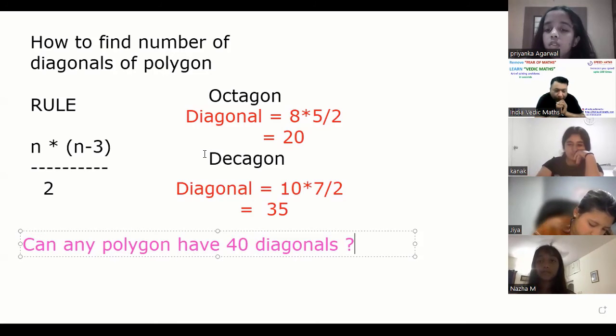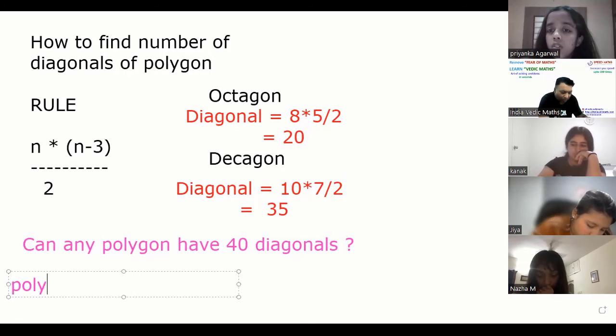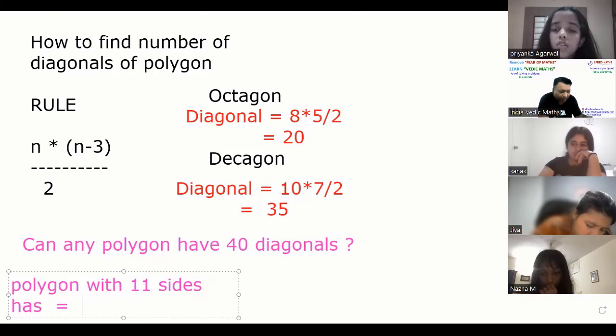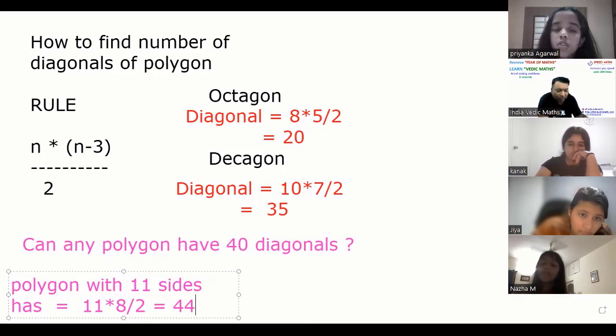Because a decagon has 35, and a polygon with 11 sides has 11 times 11 minus 3 divided by 2, which is 44. So a decagon has 35 and a polygon with 11 sides has 44. You can't have half a side, right?